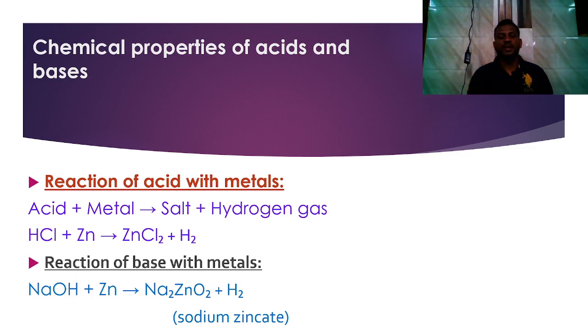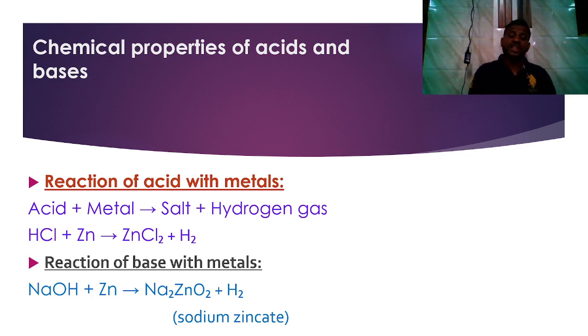For example, HCl plus Zn. HCl means hydrochloric acid. Zn means zinc. When they react with each other, they give out the salt. The salt is nothing but zinc chloride, ZnCl2, and it liberates hydrogen gas.